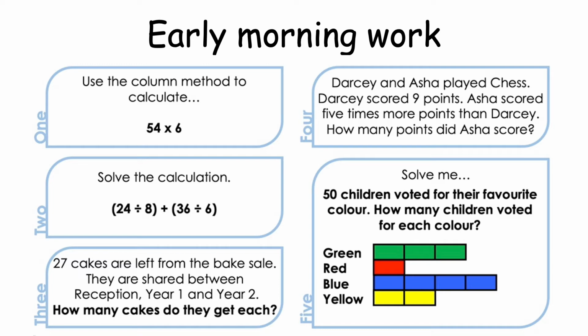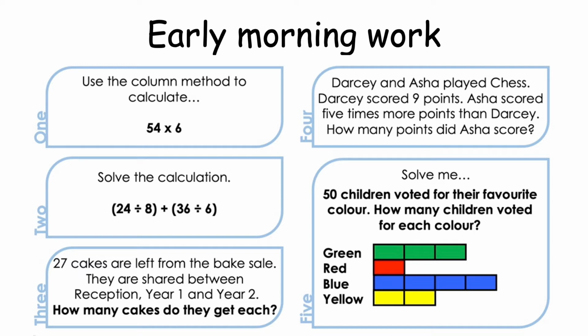Number 5, 50 children voted for their favourite colour. How many children voted for each colour? Now what I would do for this one, and what I did do, is work out the value of each little block.